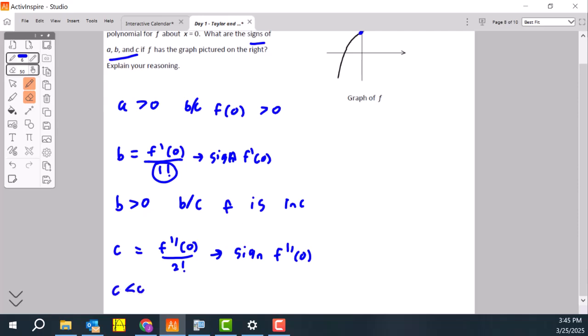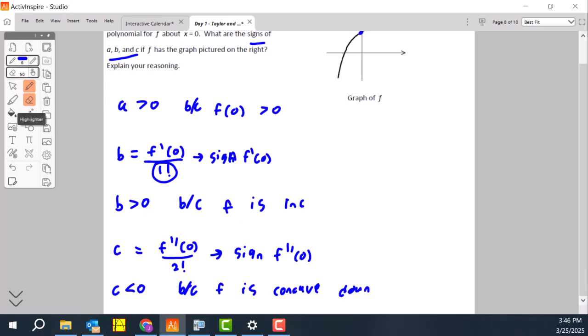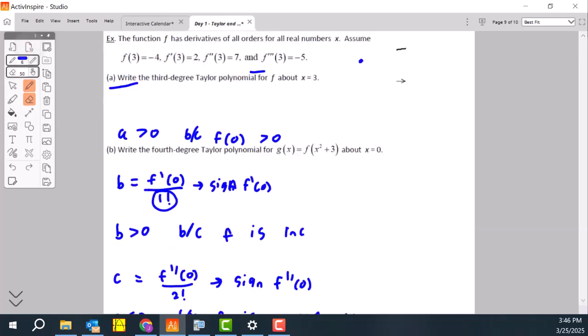So c is less than 0 because f is concave down, but also because f double prime is negative. So there's some information that we should be able to gain from the function about these polynomials if we understand how the formula works.